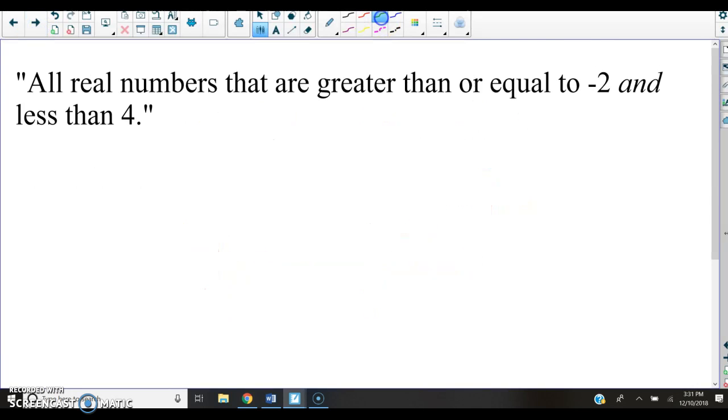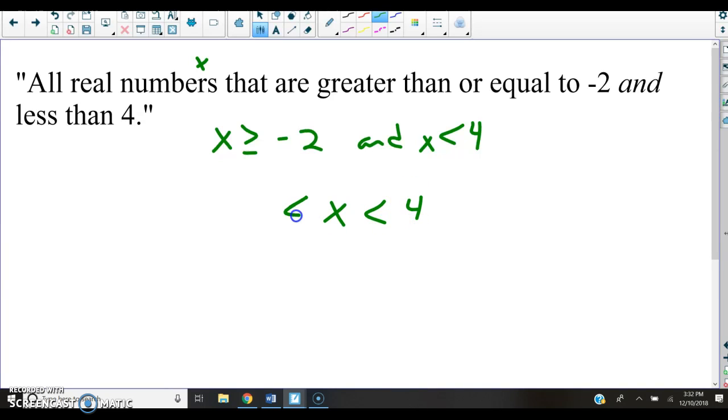Here's another verbal phrase. All real numbers, x, that are greater than or equal to -2 and less than 4. So in other words, x is sandwiched between 4 and -2, and it includes the -2. So that's why we have the "or equal."